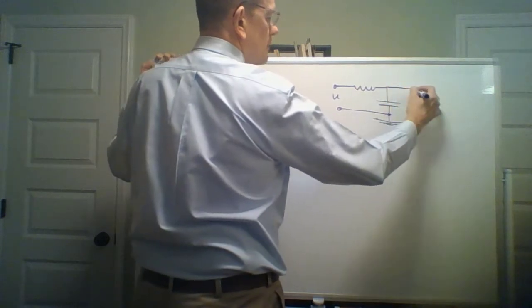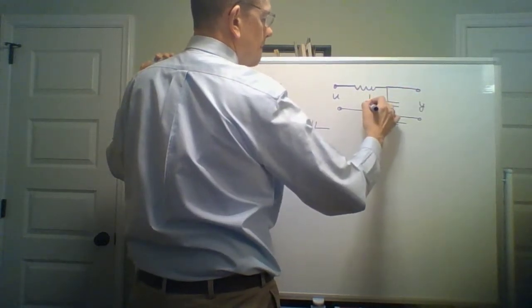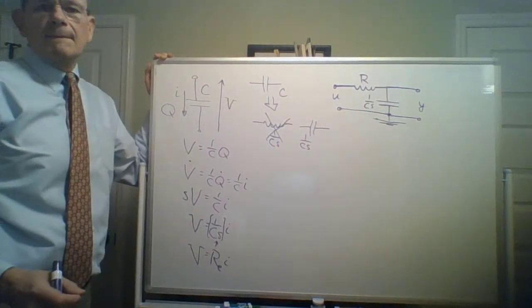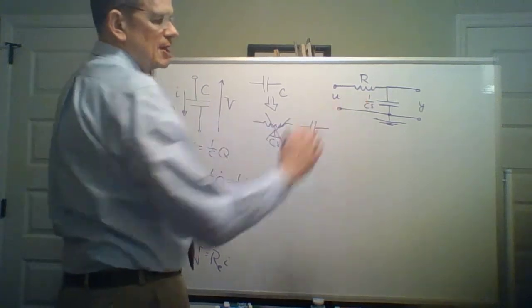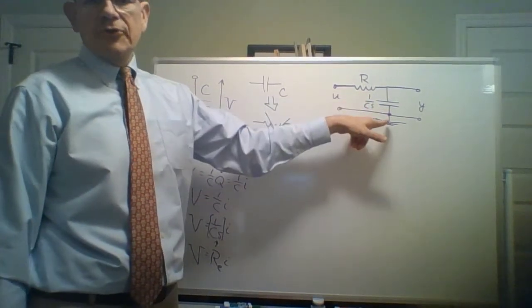U is the input, Y is the output. And we've labeled this as 1 over CS. Now we know if these are just resistors, this is just a voltage divider.